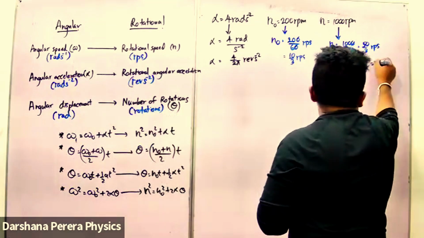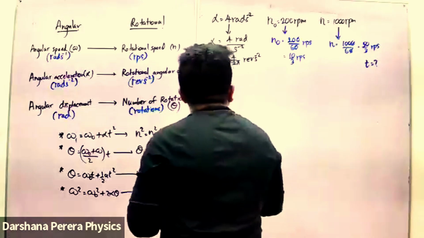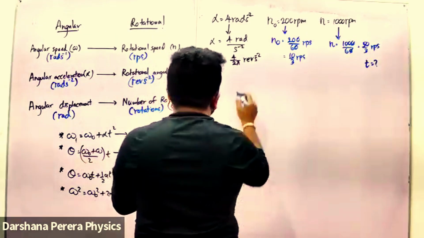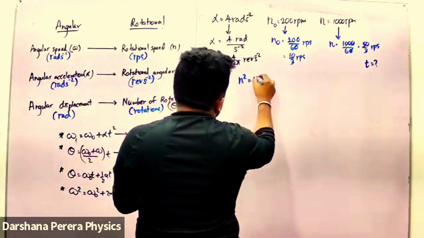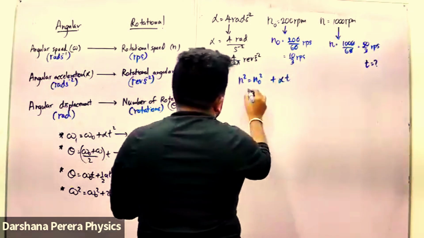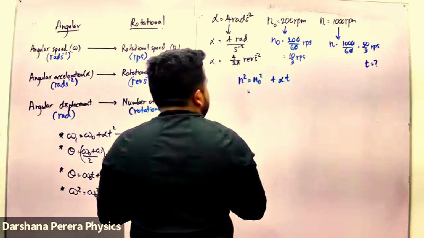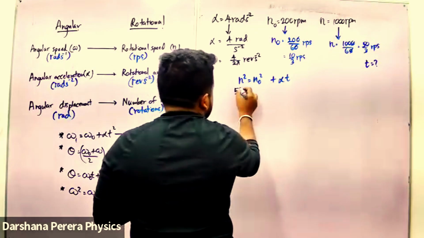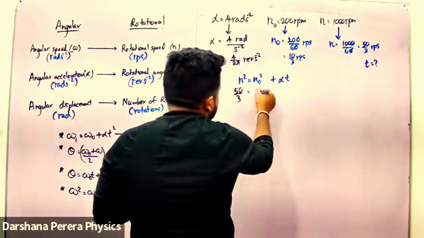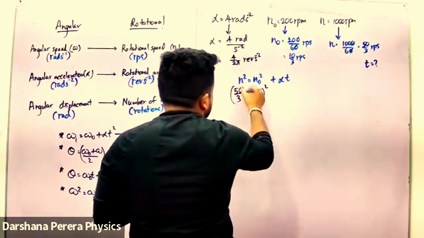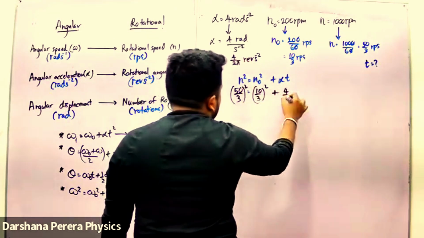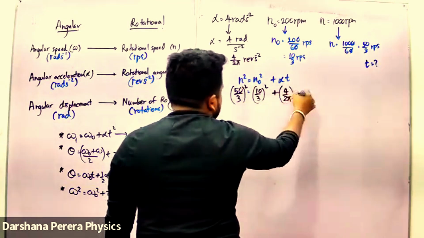Then we have to find t. What is the equation? This one is better: n square equals n naught square plus alpha t. That means n is 50 over 3, n naught is 10 over 3, squared, plus alpha, 4 over 2 pi, into t.